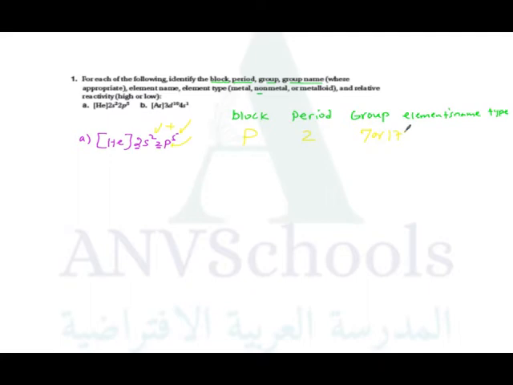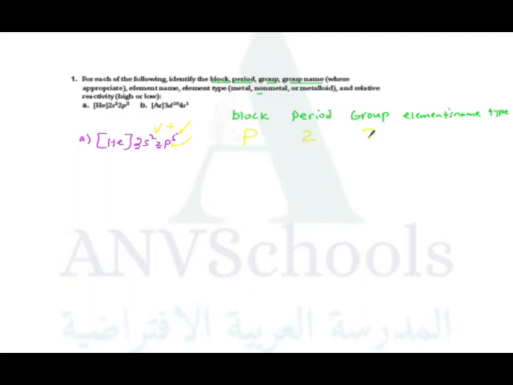To make it precise, you just add 2 plus 5, group 7. For any p block element, the group number is indicated by adding the electrons in the s and the p.